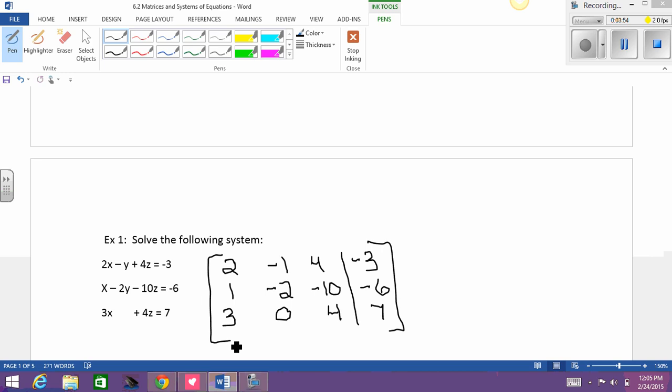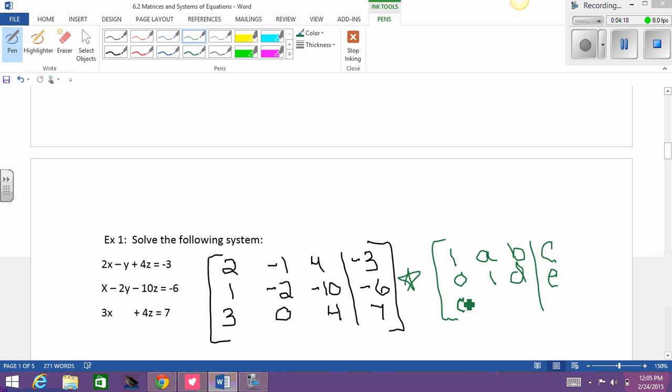Our goal is to find a matrix that fits a different form. In that form, what I want is for it to look like this: 1, A, B, C; 0, 1, D, E; 0, 0, 1, F. The important piece to this is this right here, and then these.